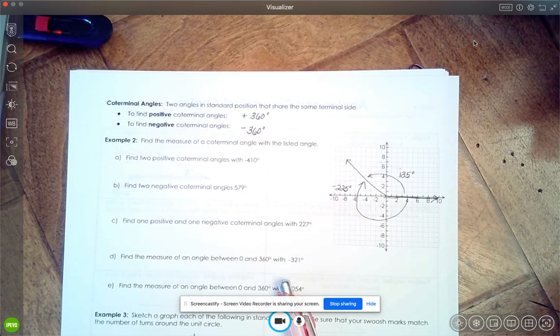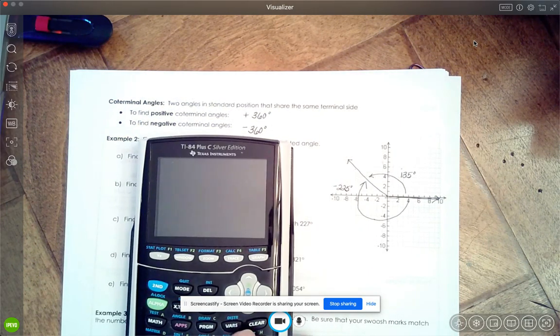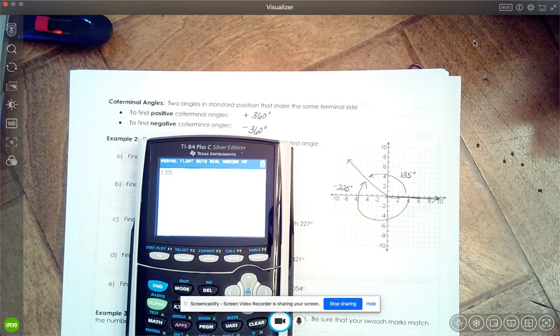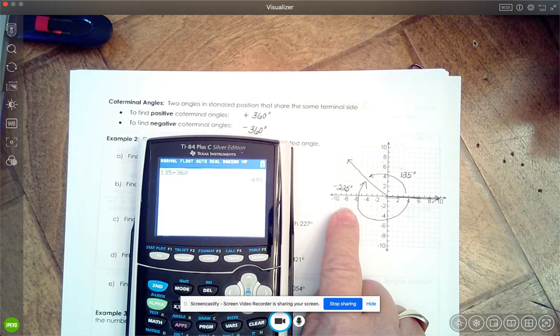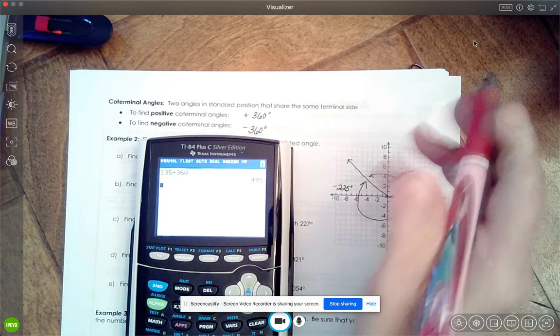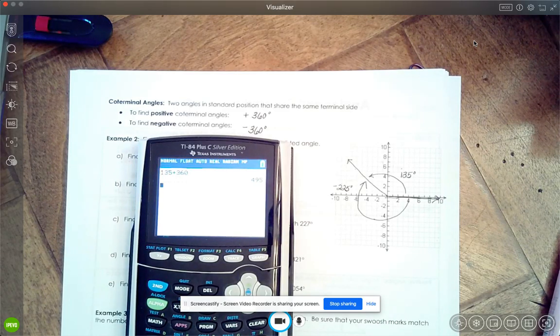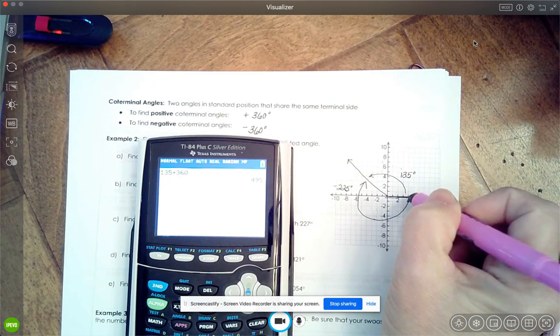There are infinitely many coterminal angles. If I have an angle that is 135 degrees, I can add 360, and that gives 495. So this one here could also be 495.